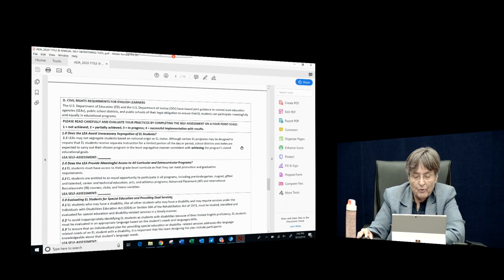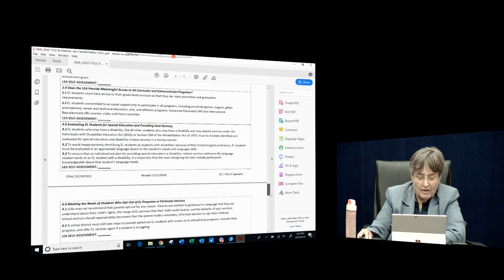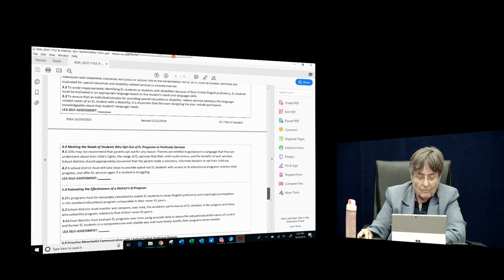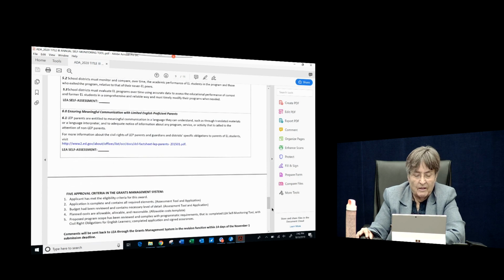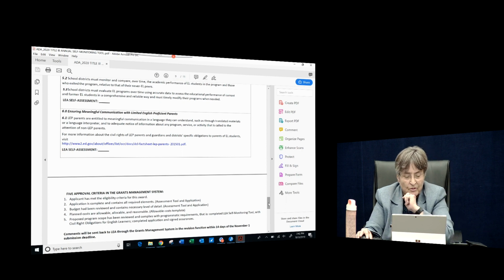Now, if you're putting 4, successful implementation with results, then when the school report card comes out, it should be pretty obvious that the experience of English learners is comparable to those of native English speakers, whether they are in AP classes, IB classes, honors classes. So, really equitable services and success in those courses.